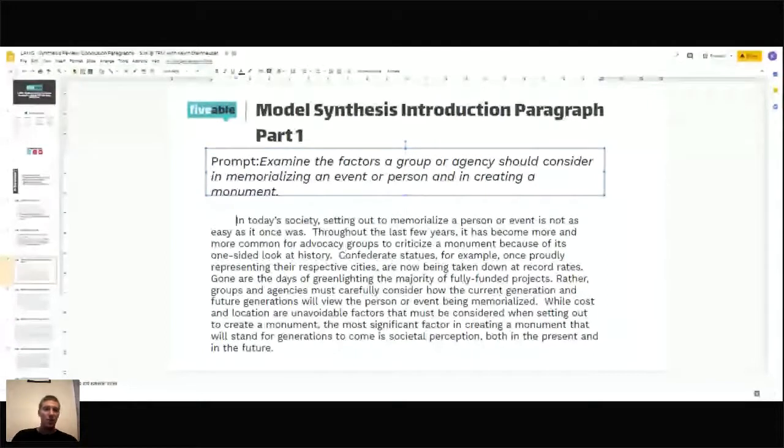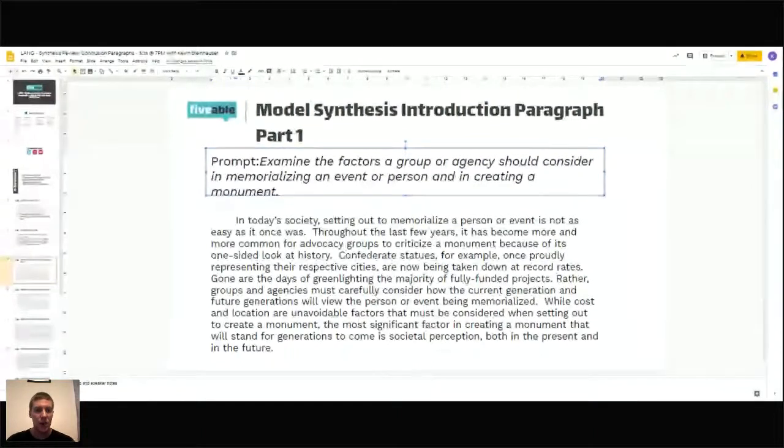Rather, and I want you to notice here in this next sentence, I am very deliberately and clearly pulling language, a couple of the buzzwords from the prompt, to say, okay, I'm building context, but I'm narrowing my focus into what they're asking me to write about. Rather, groups and agencies must carefully consider how the current generation and future generations will view the person or event being memorialized.